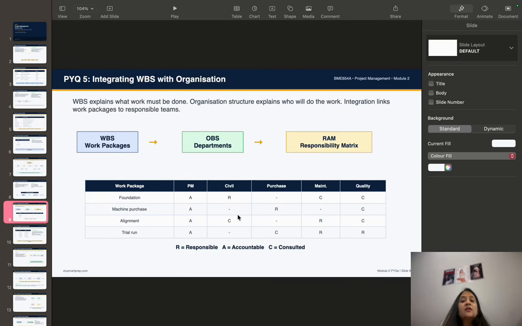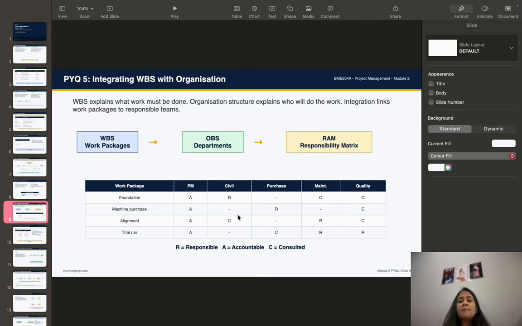So WBS tells what work must be done. First, understand this. WBS tells us what work must be done. Organization structure tells us who will do the work. Clear? WBS tells us what work must be done, and the organization structure tells who will do the work.